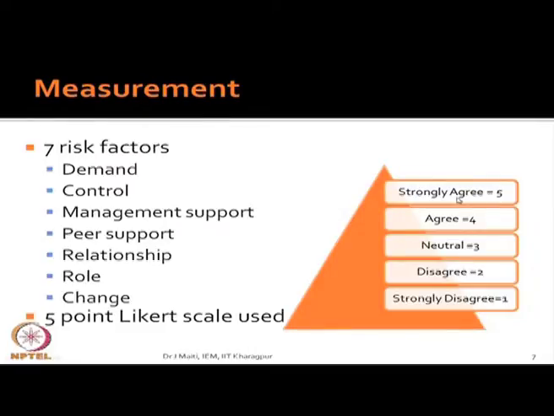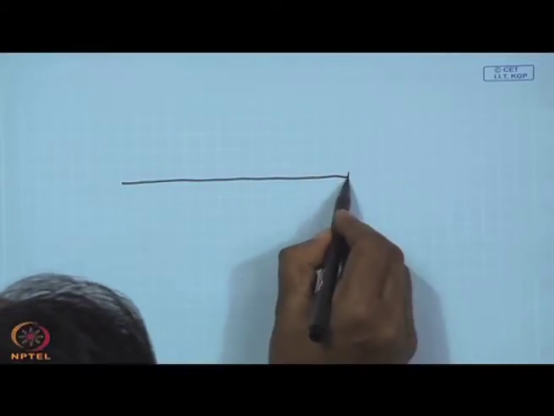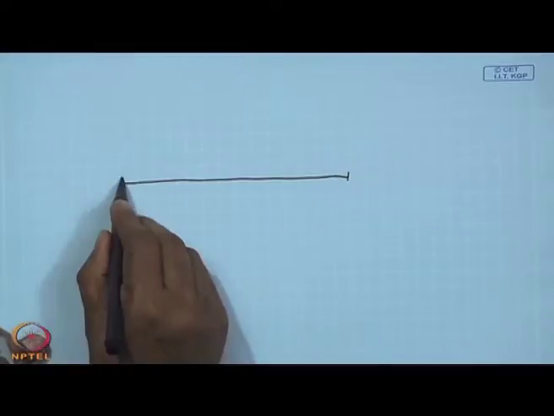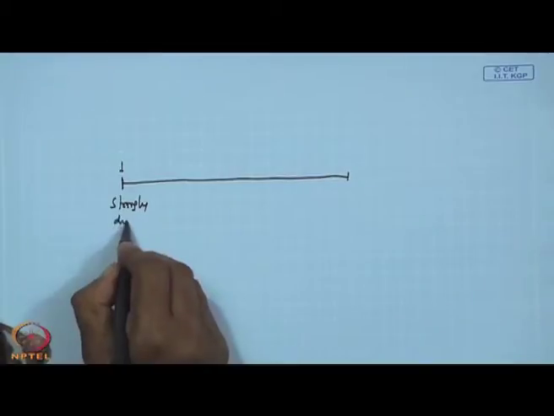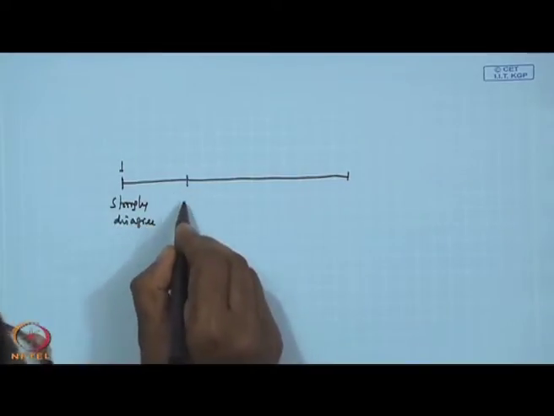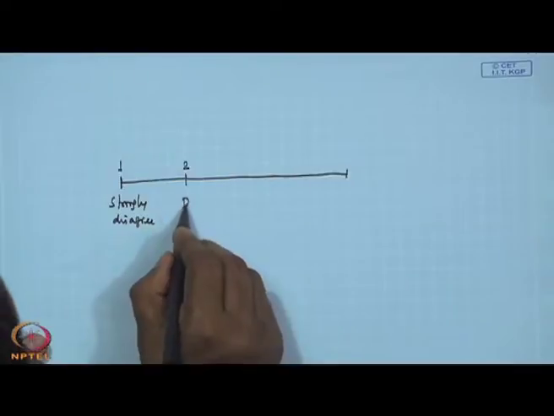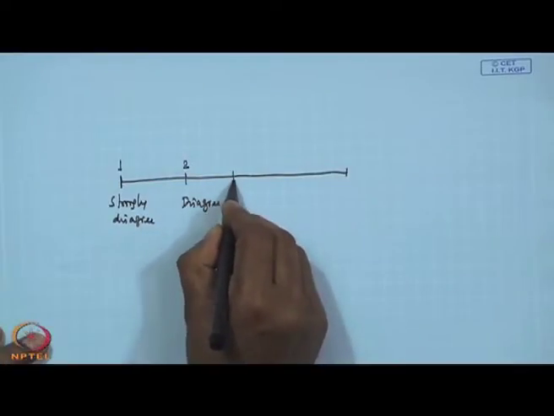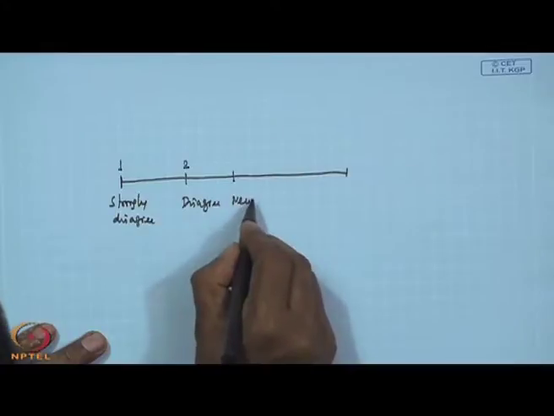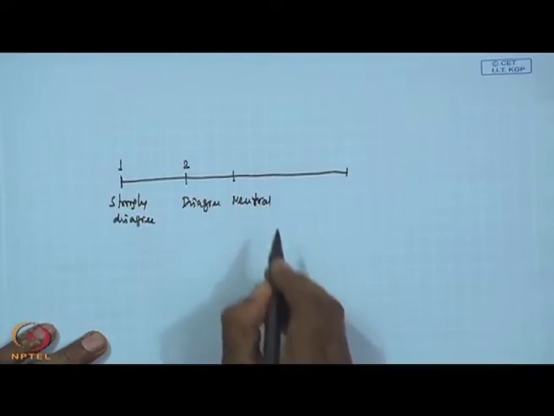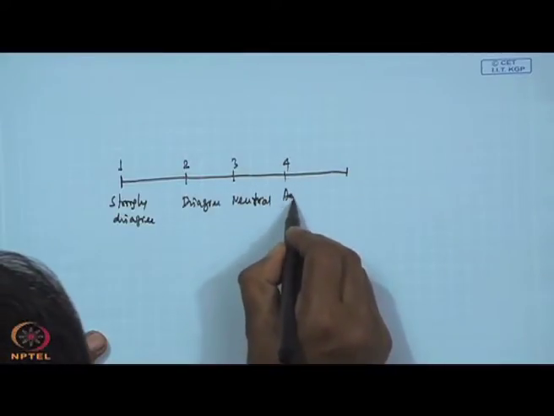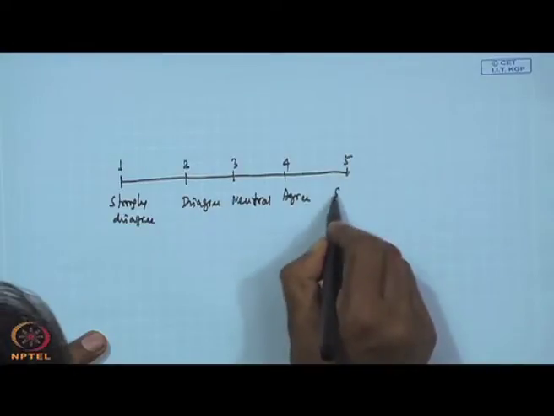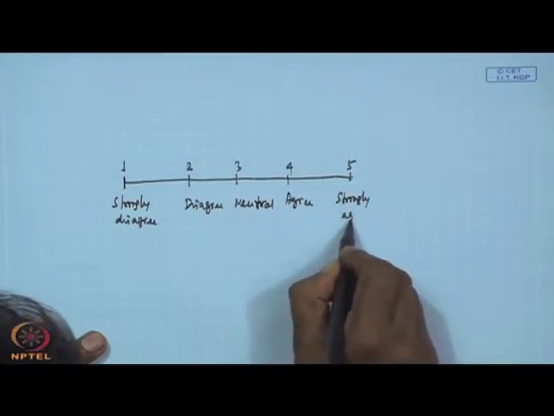So, it is basically ordinal data. In order, for every question, the first one, 1, is strongly disagree. Then 2, disagree. 3 is neutral, that is, neither agree nor disagree. The 4th one is agree. The 5th one is strongly agree.